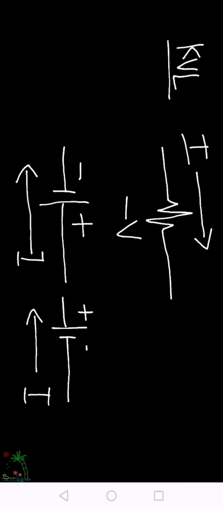Anytime the current flows from high potential to low potential, if that is the flow of the current, the energy of the charges is being reduced. So this is going to be a negative voltage.